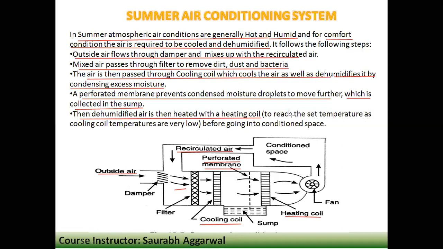It is written also here, to reach the set temperatures, as cooling coil temperatures are very low, before going into the conditioned space. How we represent it on the psychrometric chart, we'll see in the slides to come. Okay, so we'll move on to the next slide.